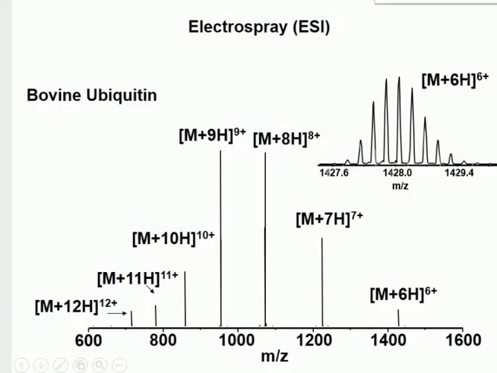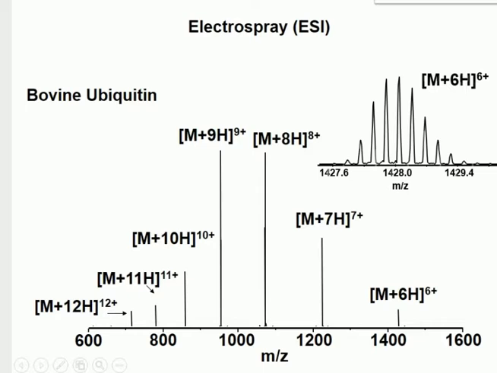You might notice that this distribution looks a bit different to what we were looking at on the previous slide, where the carbon-12 peak was the most abundant. But the bigger the molecule gets, the more carbons there are in it, the more likely it is that one of those carbons is going to be a carbon-13. So you start to see a shift in the distribution of the isotope peaks within a particular peak.